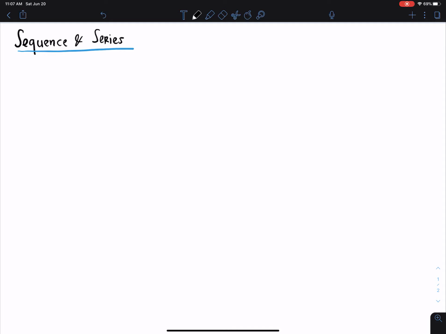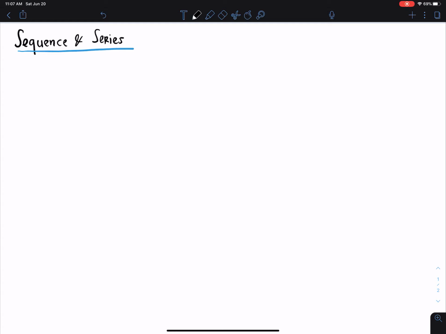As per the previous class, we are talking about basic number theory, and we stopped our discussion on the Euclidean algorithm, which is the algorithm to find the GCD of two integer numbers. So today we are going to continue to discuss sequence and series.